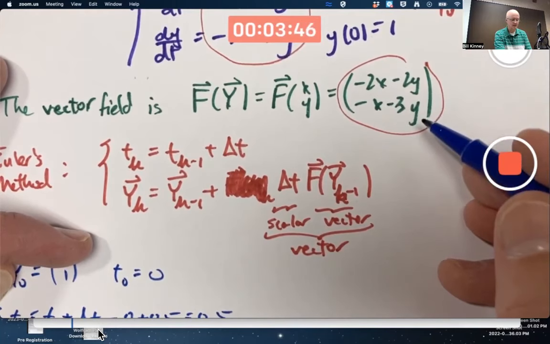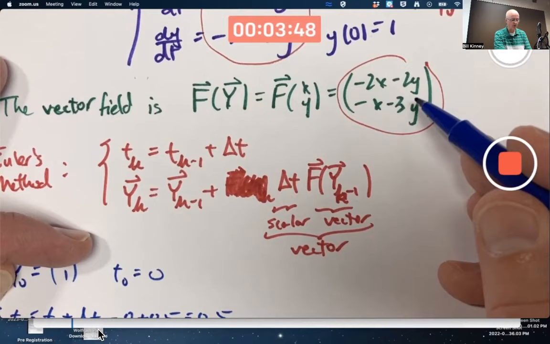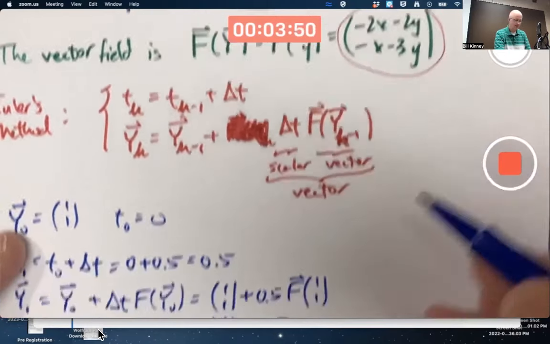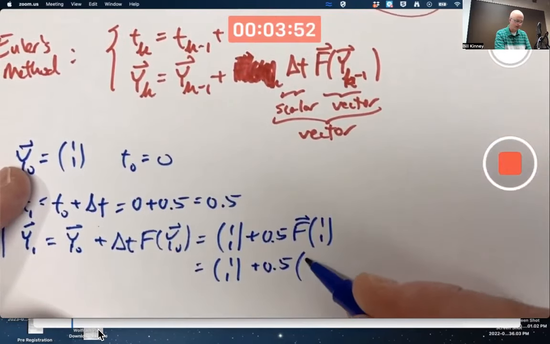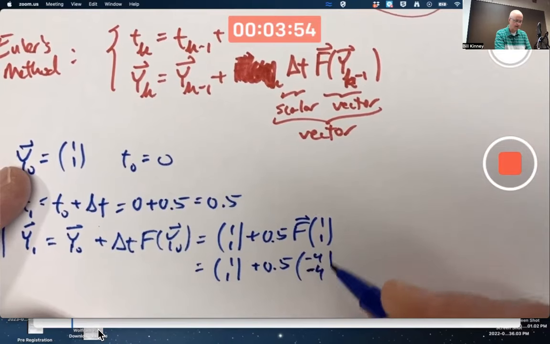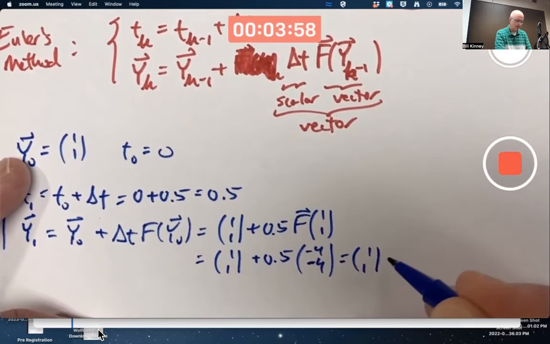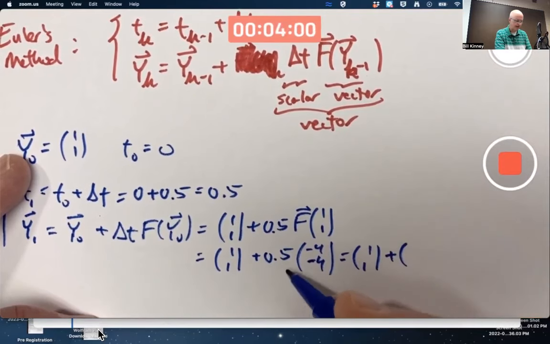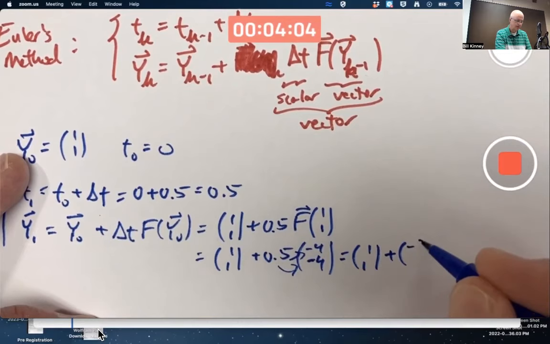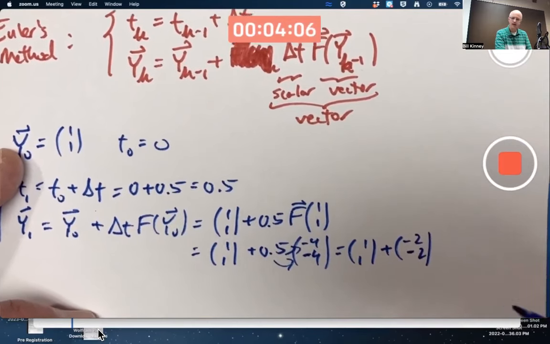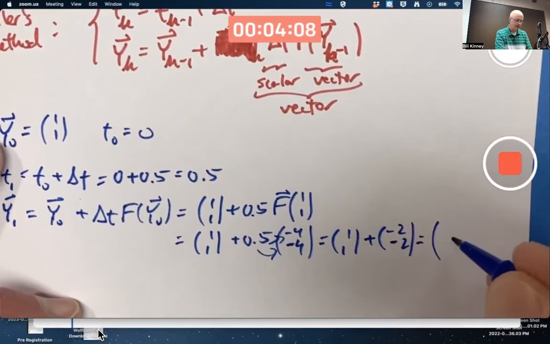Plug in little x equals 1, little y equals 1. I'll get -4, -4, it looks like. So this becomes 1, 1 plus multiply the scalar through the vector. In both spots, you'll get -2, -2. Add those vectors, you'll get -1, -1.